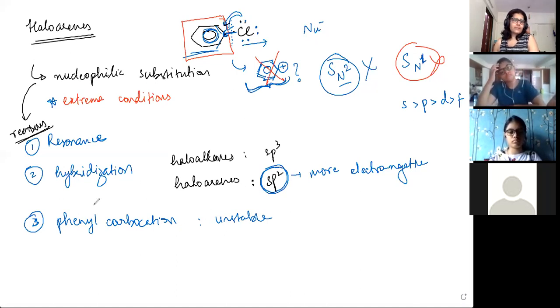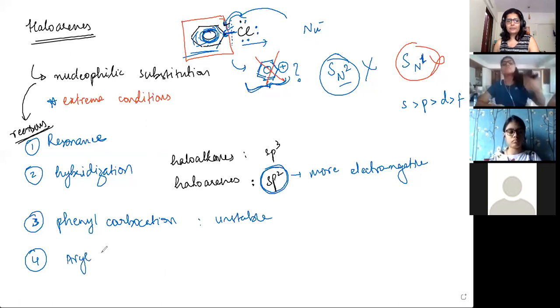And for SN2, even if the nucleophile were to approach, the benzene ring is extremely electron rich, which repels the nucleophile.